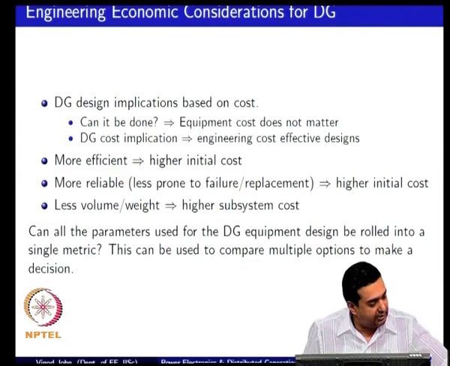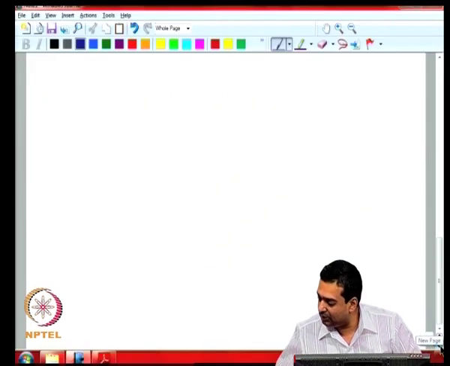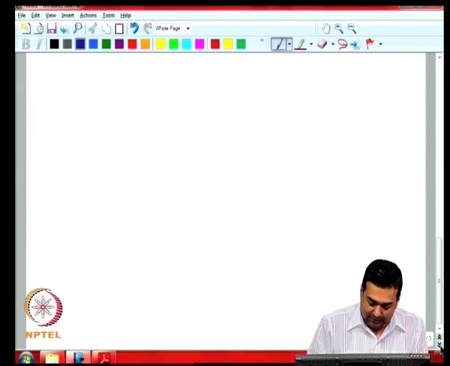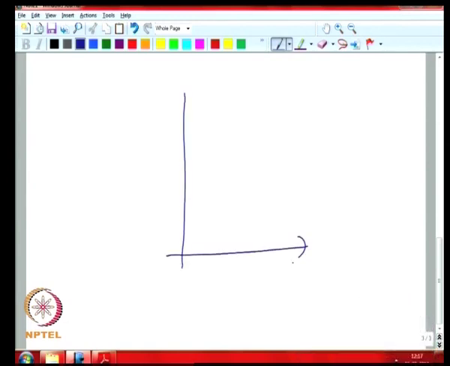So, if you look again at the trade off that can potentially happen in such a situation, you are looking at a trade off such as some component parameter, such as the diameter.